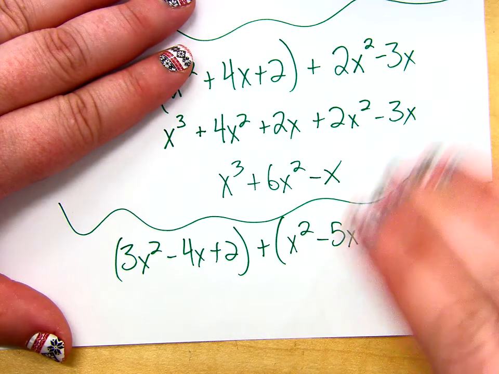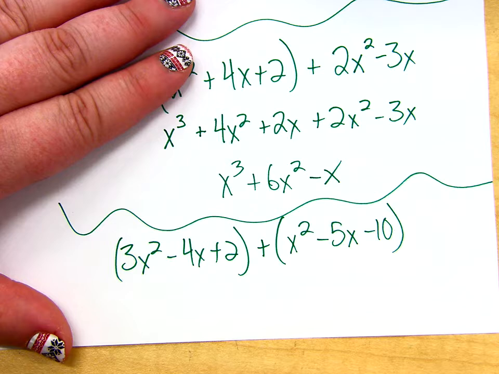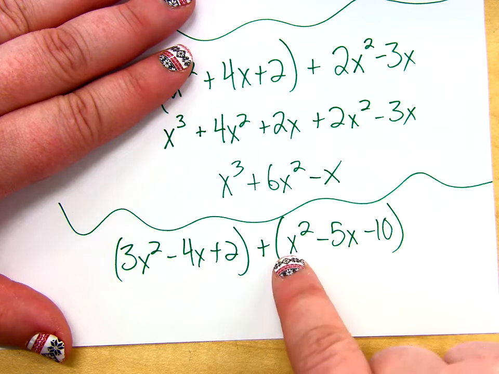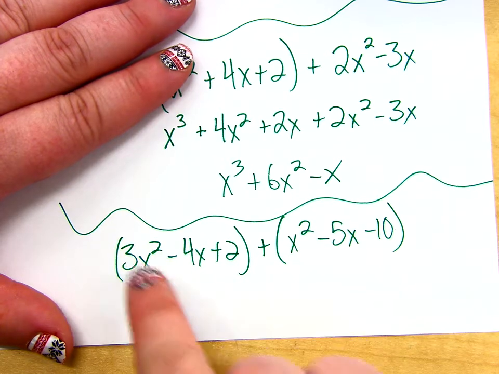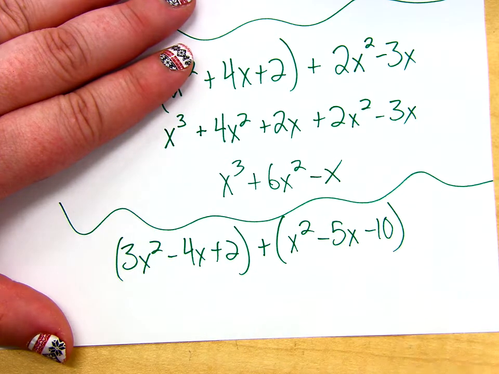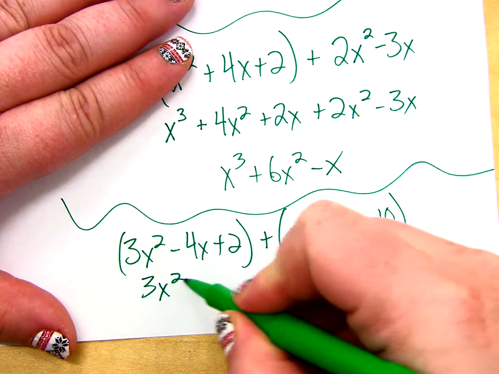Literally nothing. You can totally ignore them. If it's addition, as long as there's a plus sign in between the parentheses, they're just saying add this polynomial with this polynomial. You ignore them completely. So it's the same thing as if you were doing this.